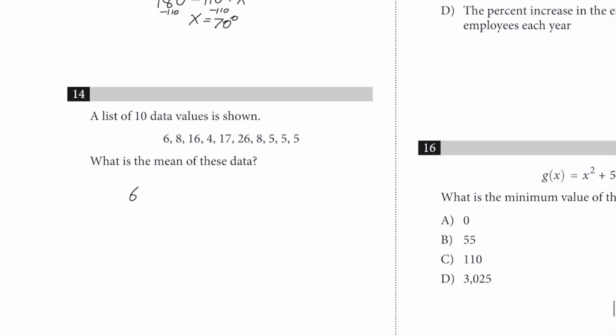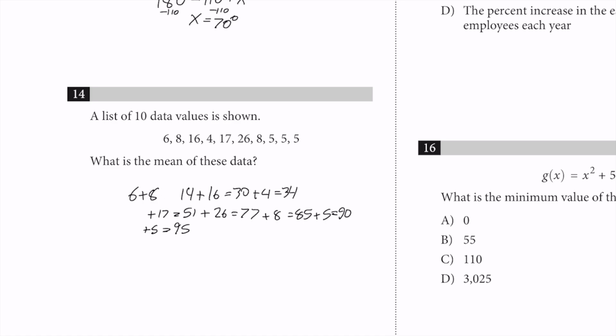So 6 plus 8 is 14, plus 16 is 30, plus 4 is 34, plus 17 is 51, plus 26 is 77, plus 8 is 85, plus 5 is 90, plus 5 is 95, plus 5 is 100. 100 divided by 10.